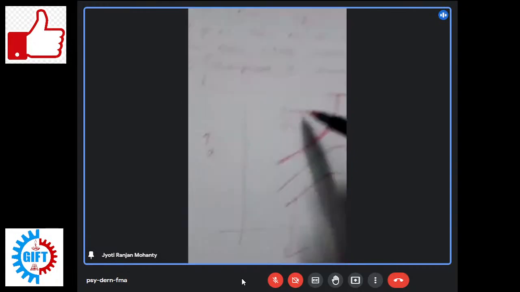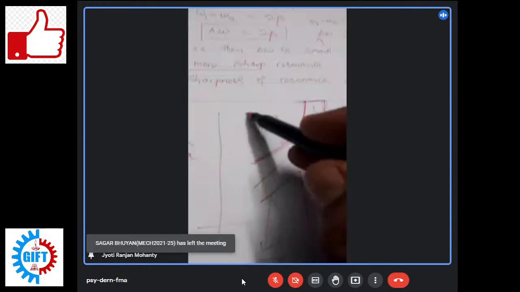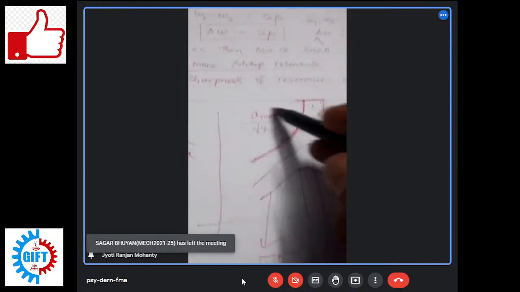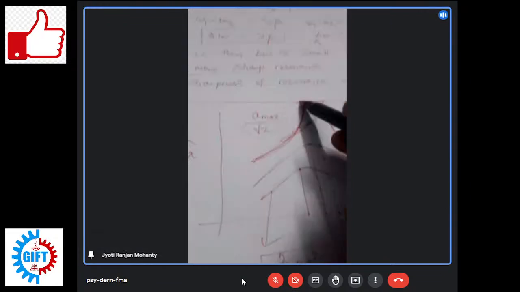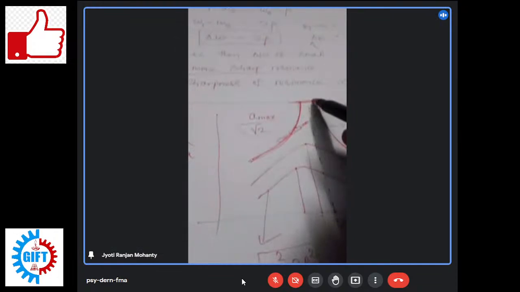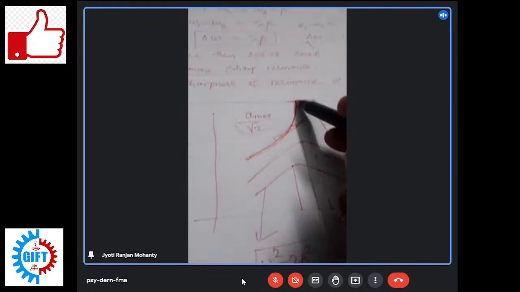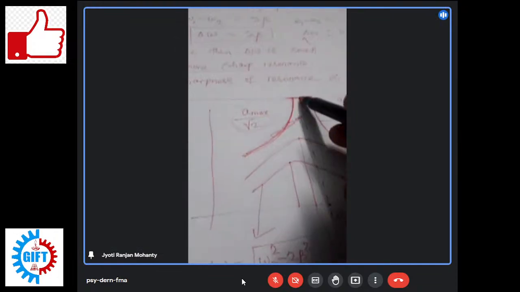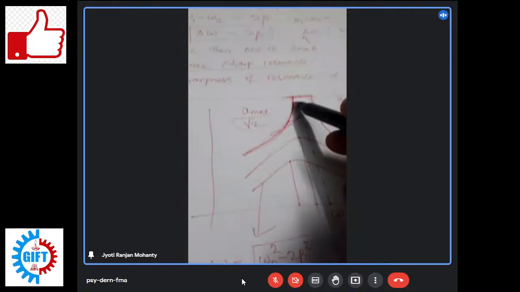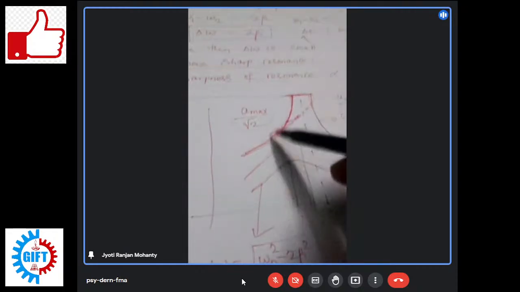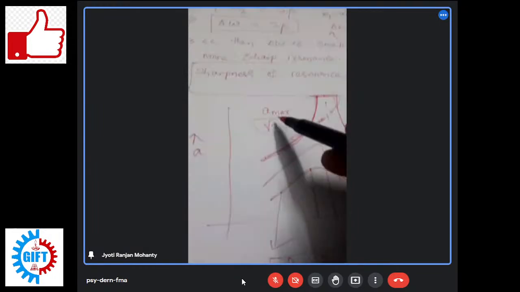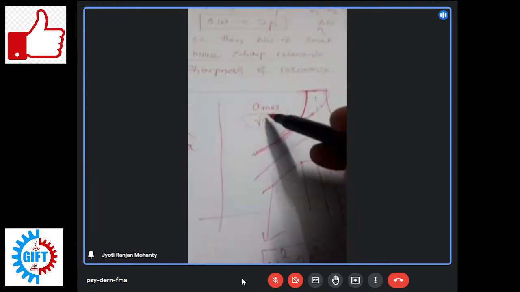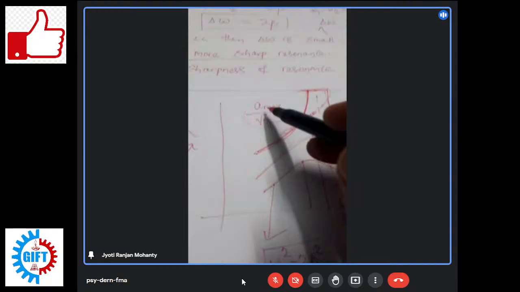You have to remember the amplitude decreases to A max divided by root 2. So you have to measure what your maximum amplitude is. Suppose this is my maximum amplitude. After reaching the maximum amplitude, the amplitude suddenly decreases on the left hand side and on the right hand side. How much does it decrease? One proof is there, but that is not required as per the new syllabus.